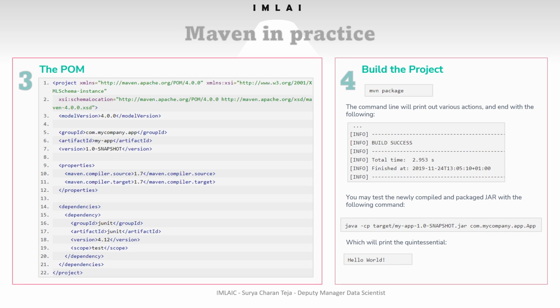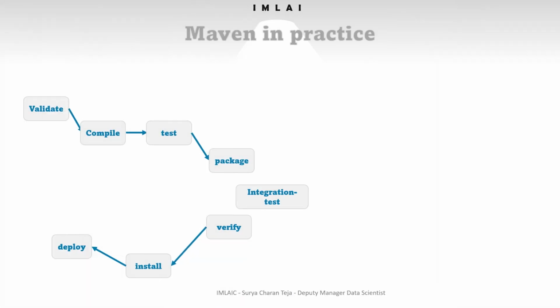For example, if you execute the compile phase, the phases that actually get executed are, see, this is one build cycle. The complete build cycle consists of various phases: validate, compile, test, package, integration, verify, install, deploy.